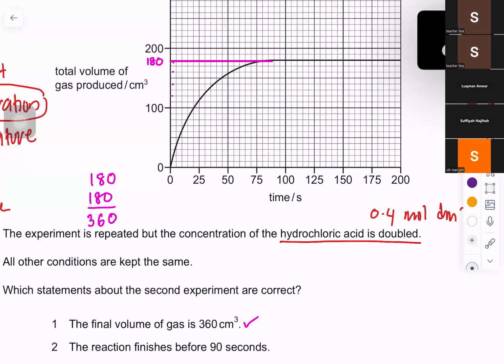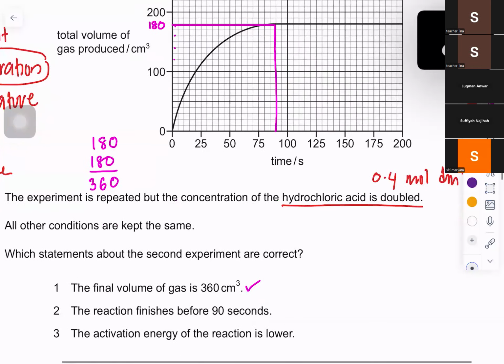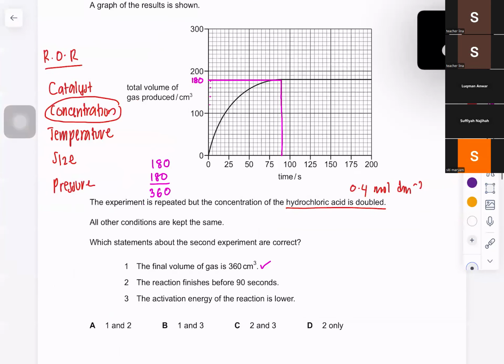So this one. Okay, reaction finish before 90. So this one is yes, correct. Okay.